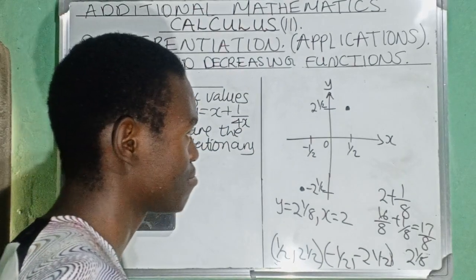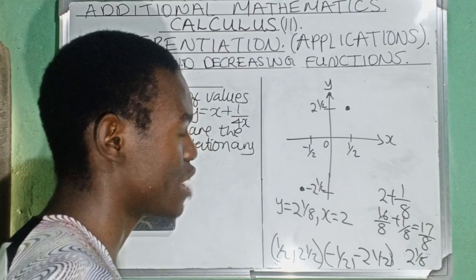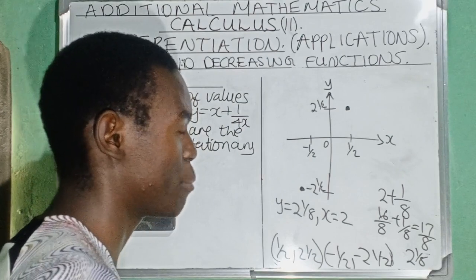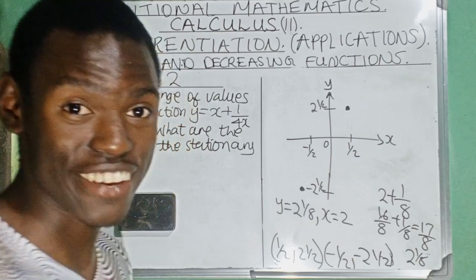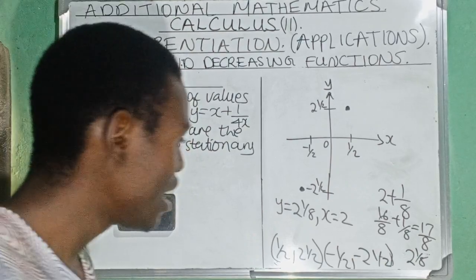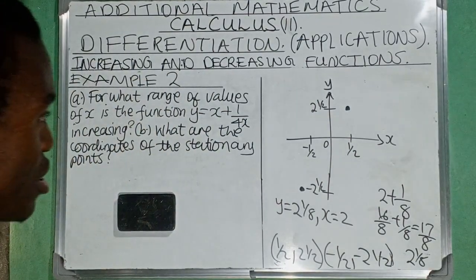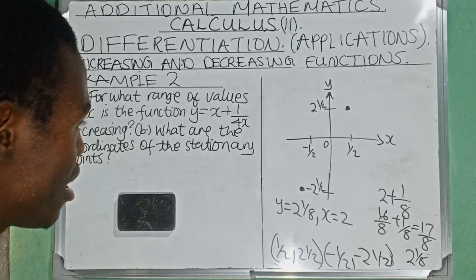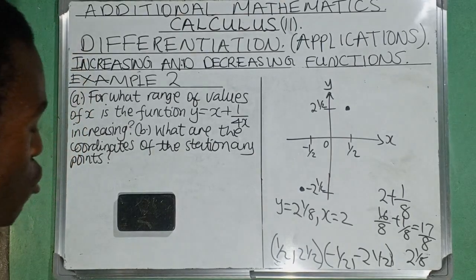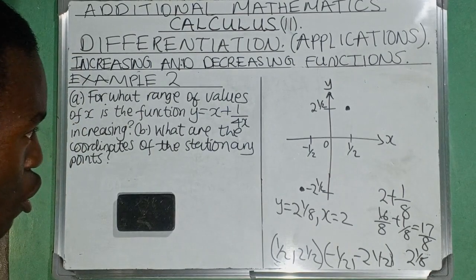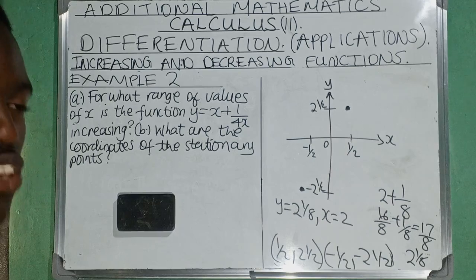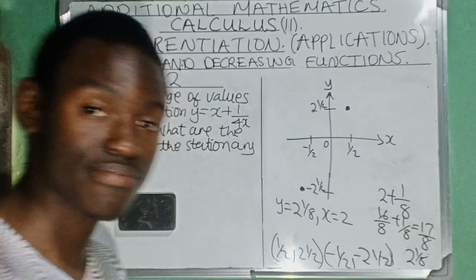Take note. I want you to take note of something happening here. The x coordinates are increasing, right? Then, if you look at the y coordinates nicely, and you try to notice a pattern, you will see that the y coordinates are reducing.